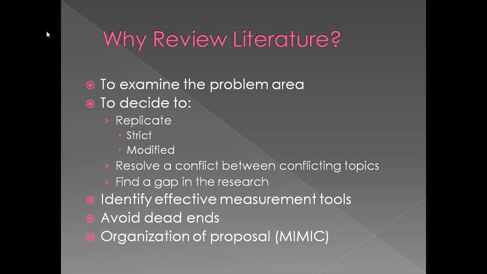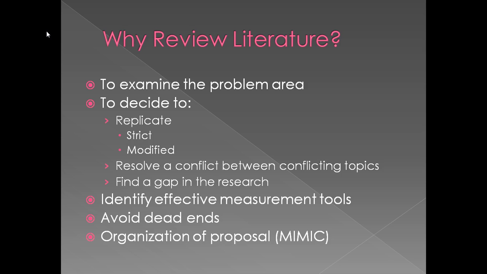So sometimes the authors of the study use that area to offer up some future ideas on areas that haven't been studied yet. So new researchers can find a gap in the research that way also.